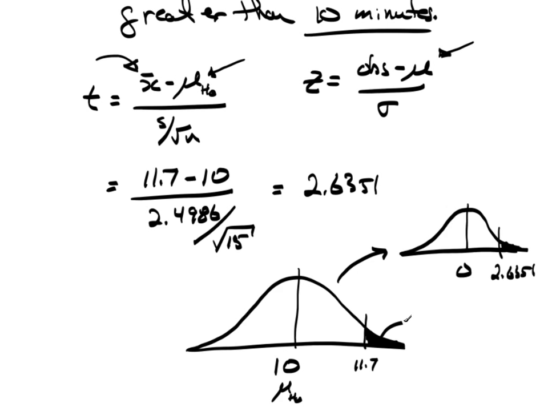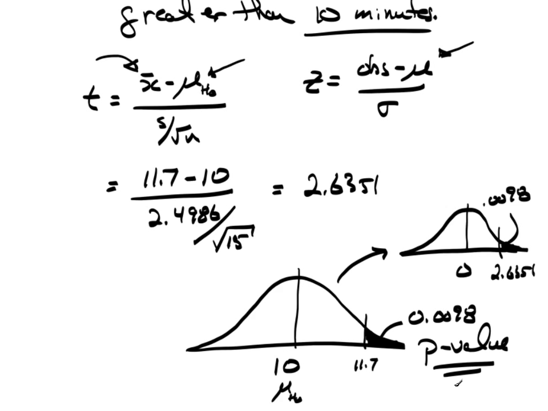And this area here, this probability, is 0.0098, which is exactly the same thing this is, 0.0098. And this is what we refer to as the p-value. So a p-value is actually the probability of observing a test statistic at least as extreme as we did see it. That's the tail probability.